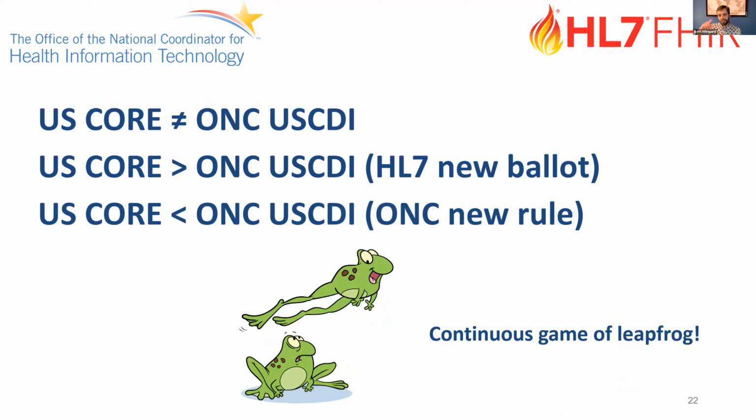And so we're constantly in this leapfrog game of new government policy requirements, new industry standard. And then, of course, there's an adoption cycle besides this also. But it's been a pretty healthy pattern in terms of getting new requirements and working through the HL7 community process.